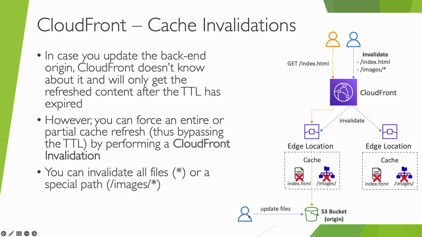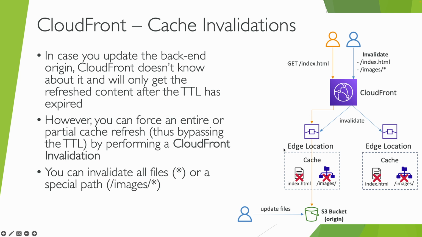But what I want to do is force the edge locations to pick the new data from my S3 bucket or origin. So what we'll do is invalidate. This is cache invalidation. In case you update the backend origin, CloudFront does not know about it, and you will only get the refreshed content after the TTL has expired.